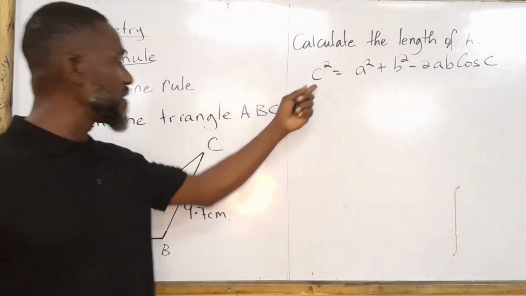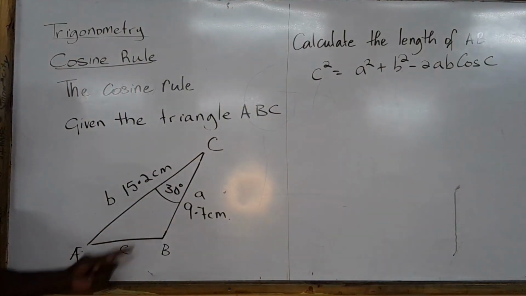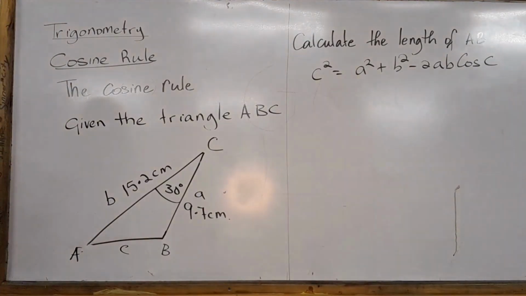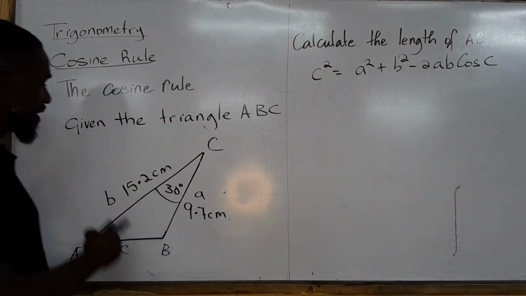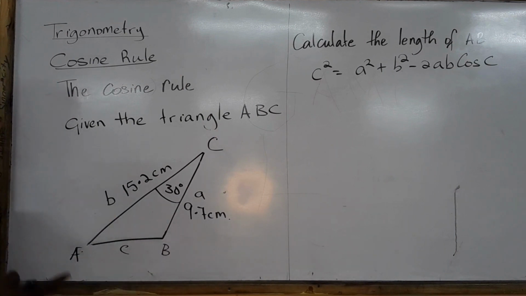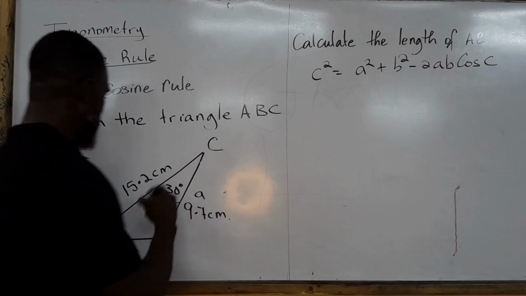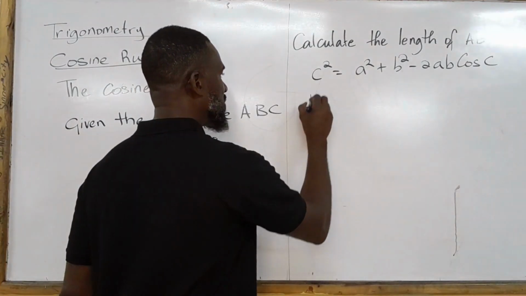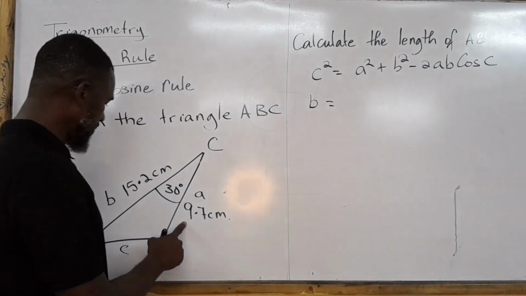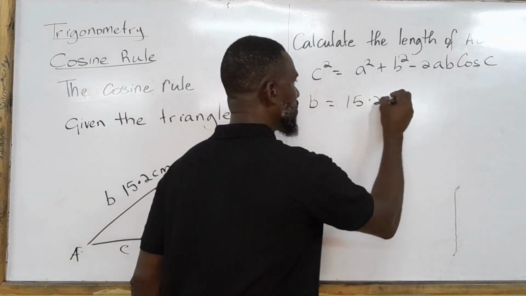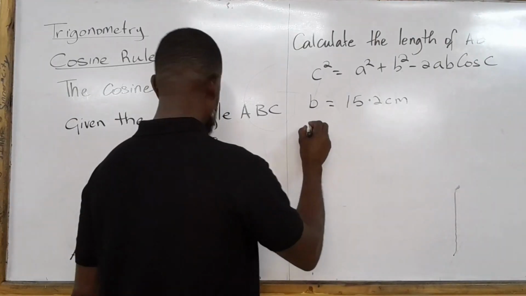Basically, again, remember the angles and the sides are opposite to each other. All we now need to do is identify the sides and then substitute the values needed. Side B is equal to 15.2 centimeters.